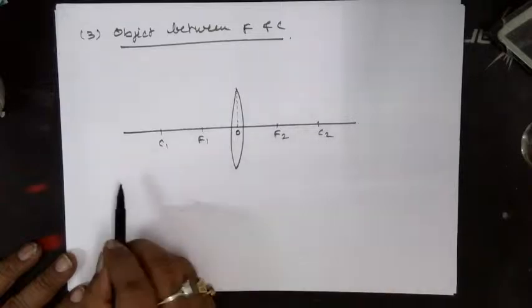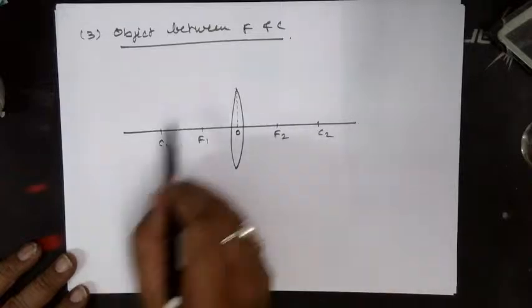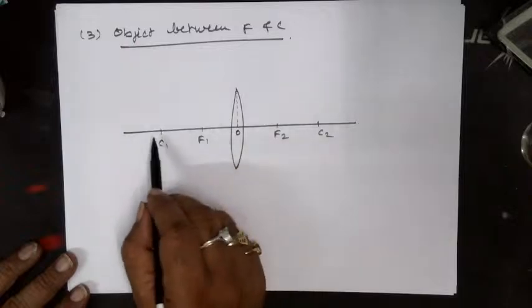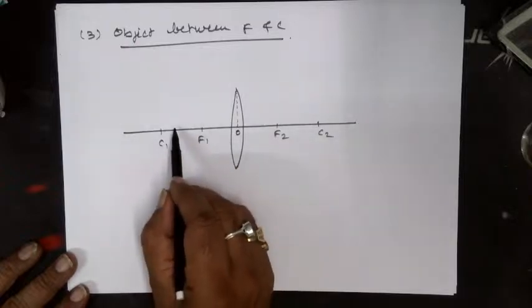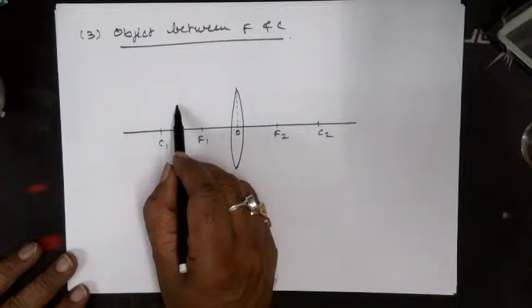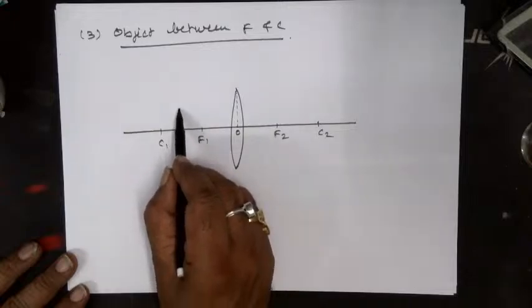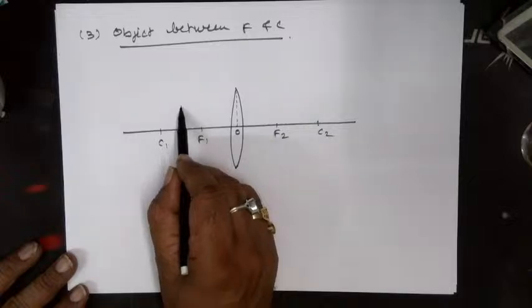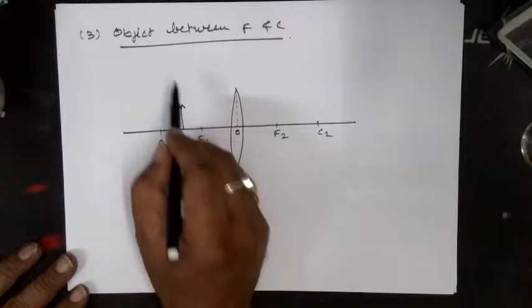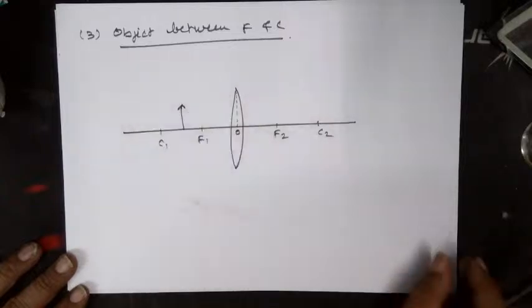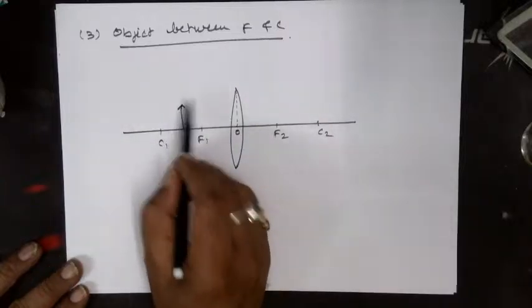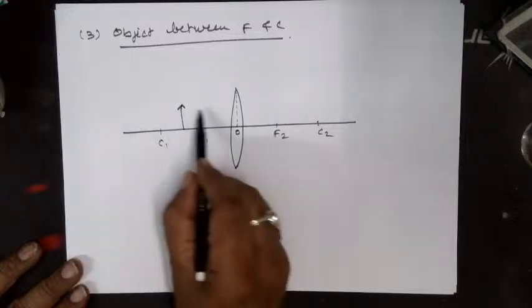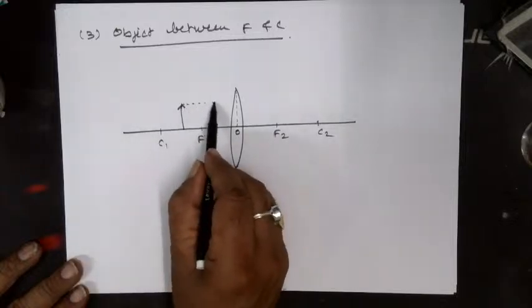Now this is between F1 and C1. In fact you have to put a smaller object because you are going to enlarge it. If you put it like this, then it will be very difficult for us to extend it, so I am drawing a smaller one.